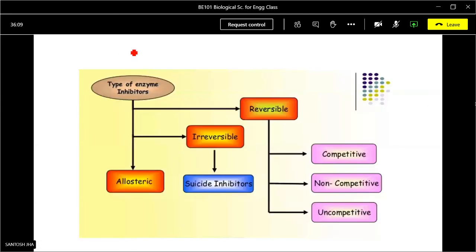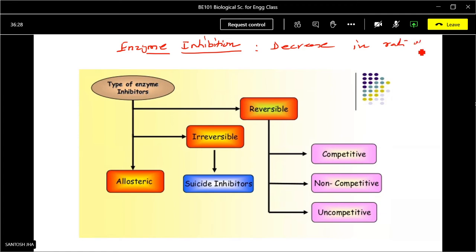Okay, so the next topic is enzyme inhibition. Basically, enzyme inhibition is the decrease in the rate of an enzyme catalyzed reaction.